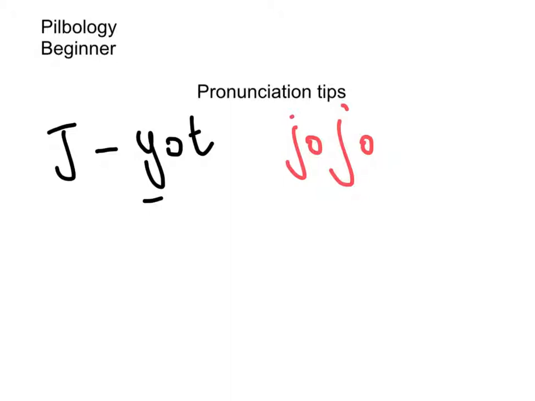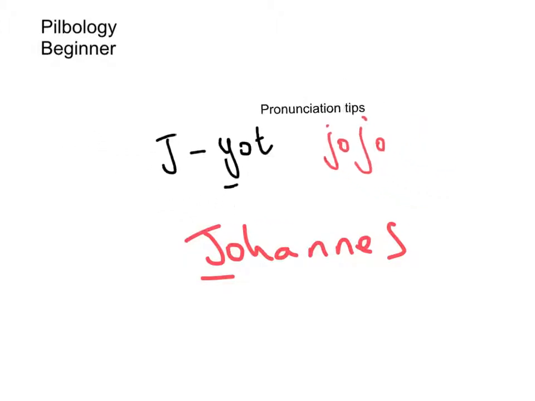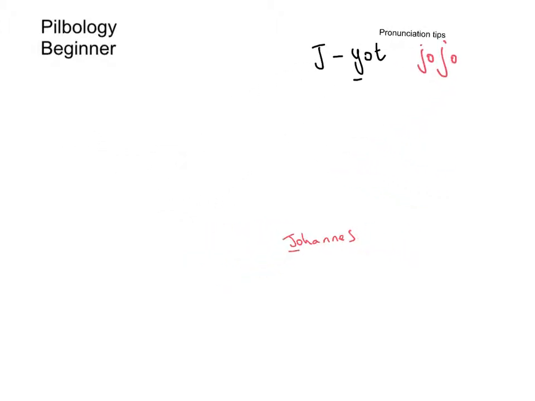That would just be silly. So, the J is a y sound. Another example would be a friend of mine called Johannes. The J is not Johannes, but Johannes. Right. So, let's move Johannes over here.